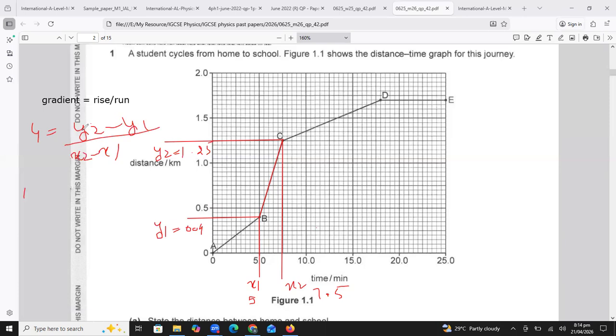So by the gradient of this line, beta, we can find the maximum speed of the child. So now students, 1.25 minus 0.4, it is given in kilometer, divided by, oh sorry beta, 7.5 minus 5.